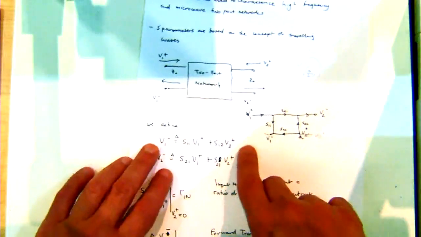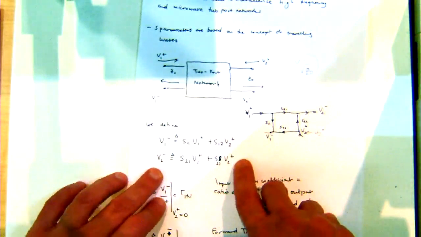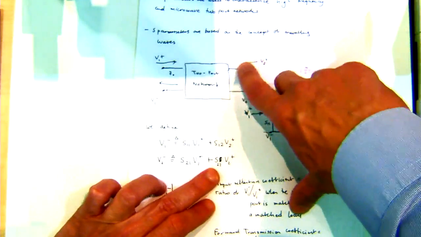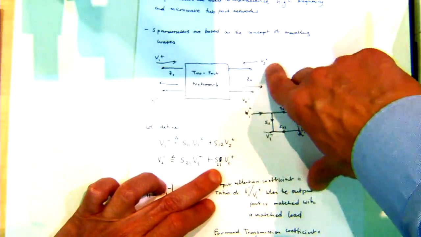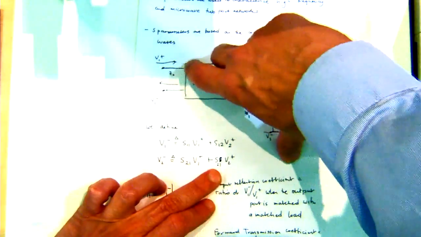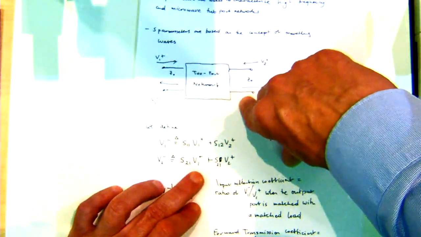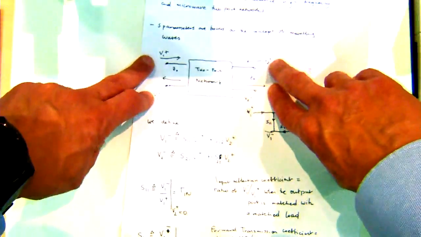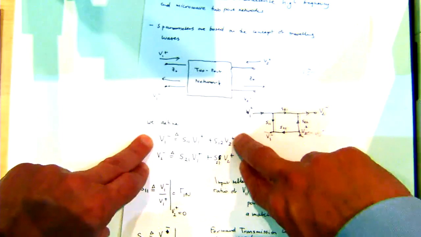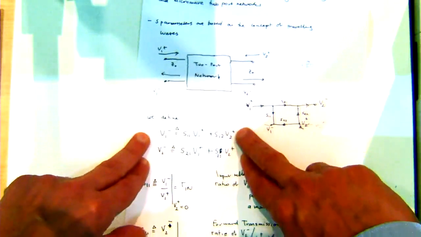That's all I've done here, right? And likewise for port 2, V2 minus is a reflected component, S22 V2 plus, plus the transmission component of V1. Nothing special, just linear algebra. So I've written the reflected coefficients as a function of the incident coefficients. That's all I've done.